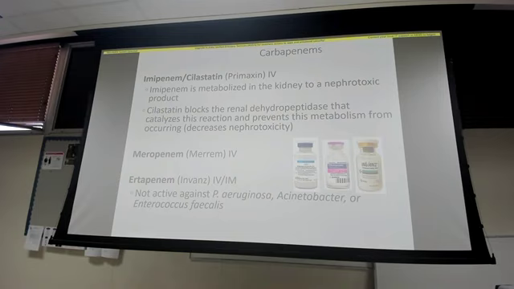So it's trying to help us protect the kidneys, okay? So this is not like what we've seen so far where there were beta-lactamase inhibitors. This is more so to help with the stability of the imipenem. This is not a beta-lactamase inhibitor, okay?